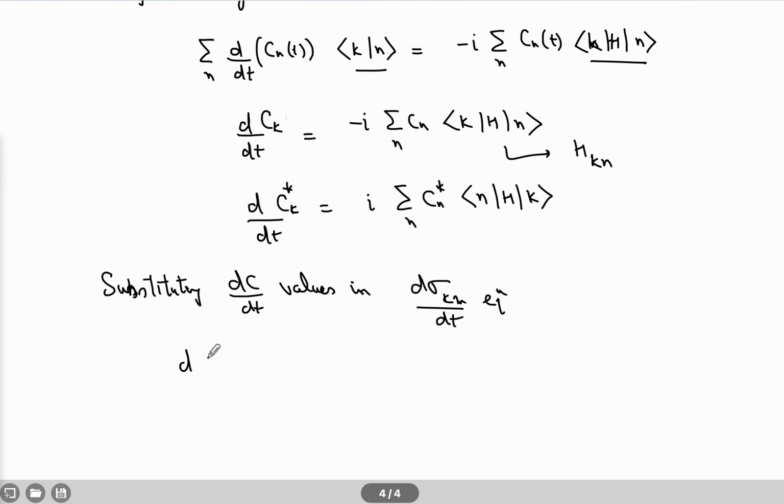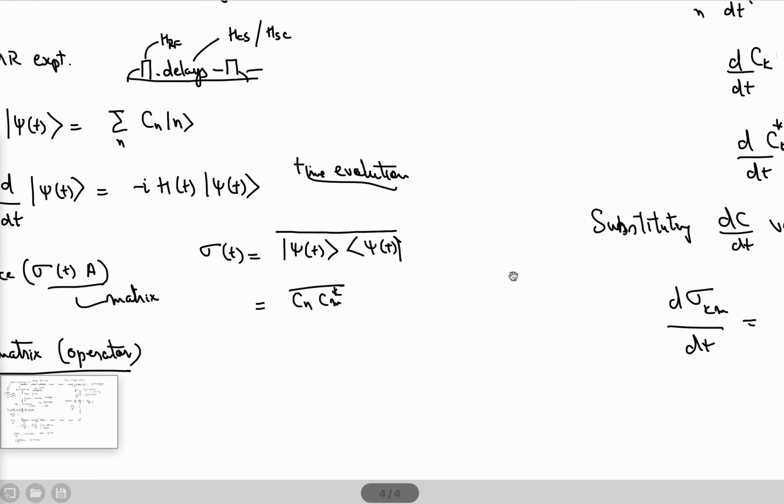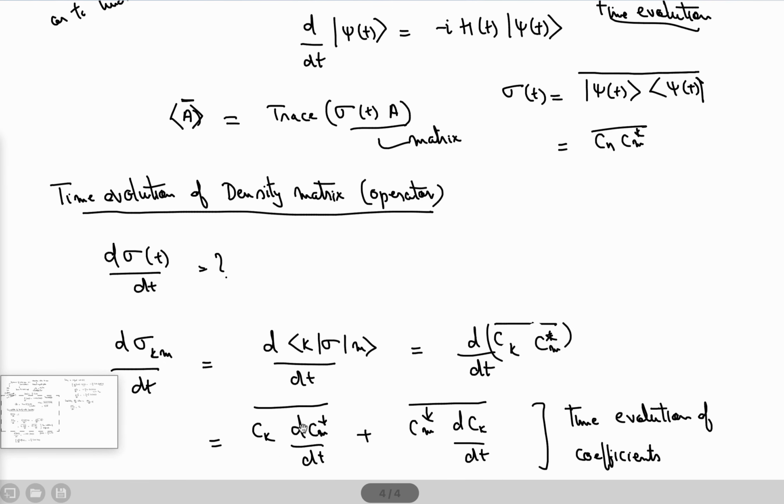Let's see. d sigma_km by dt is equal to, so I will have c_k and then, so what was that?